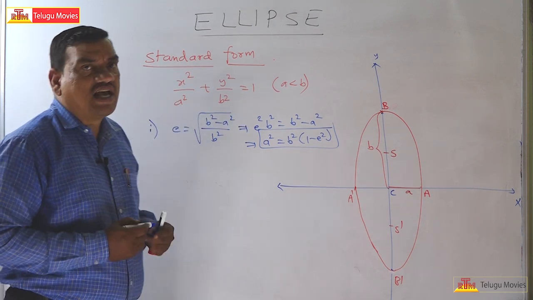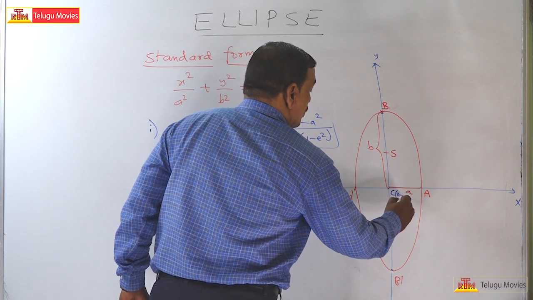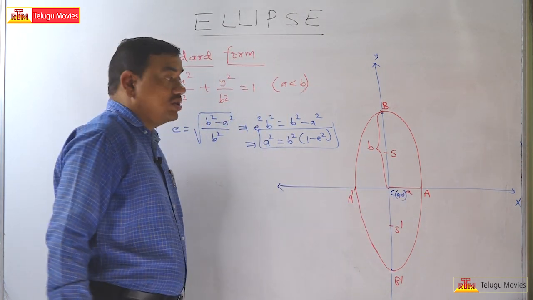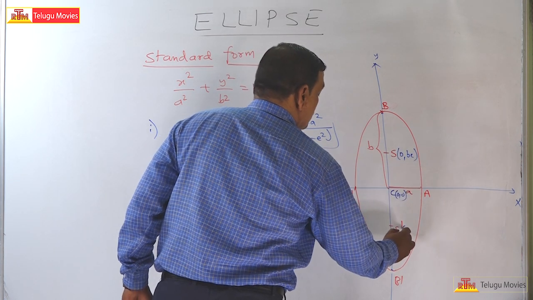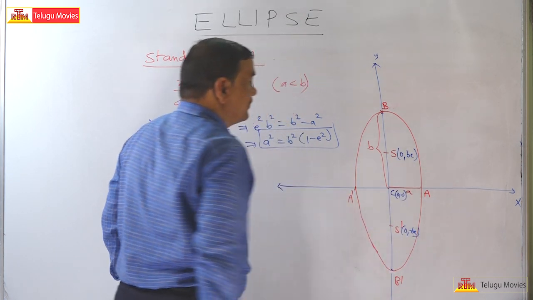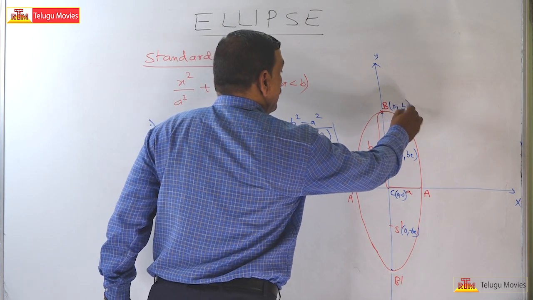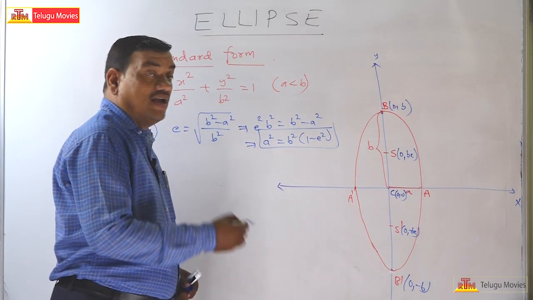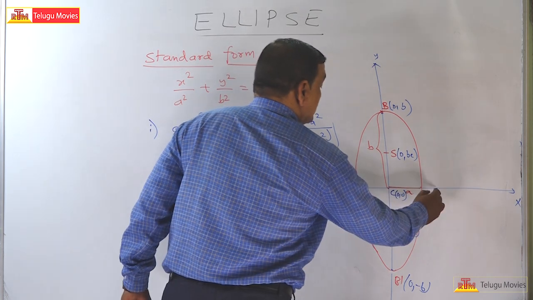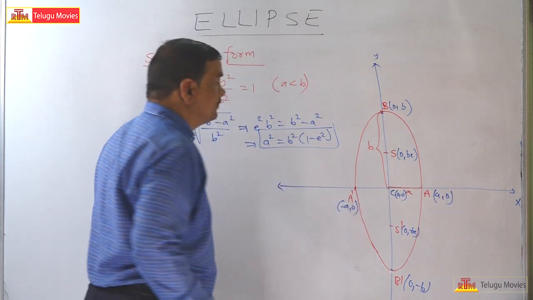All the vertices I am writing in the diagram itself, very easy to remember. The center is (0, 0). The foci are (0, be) and (0, minus be). Here B and B dash are called vertices, that is (0, b) and (0, minus b). A and A dash are the minor axis endpoints, (a, 0) and (minus a, 0).